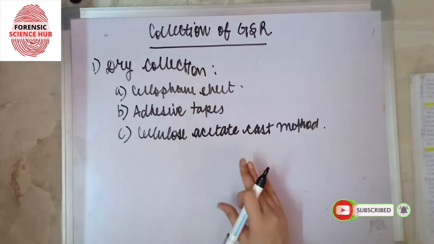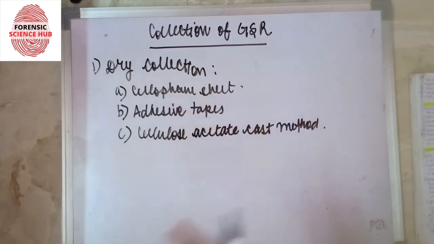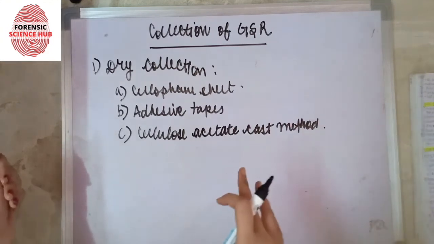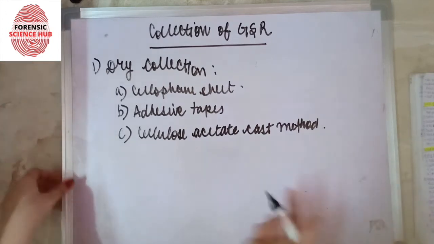Also, GSR can be present on the barrel of the firearm, so it can be extracted by pouring hot distilled water inside the barrel, and the GSR will come out in that hot distilled water solution.